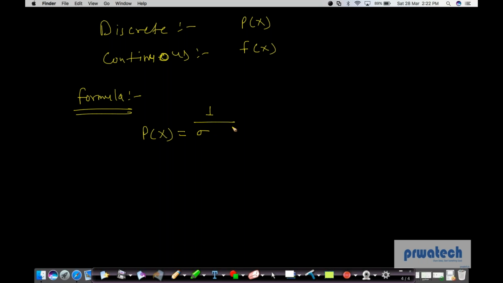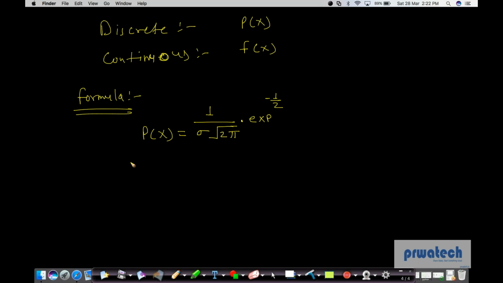So the standard deviation is multiplied with 2 pi. We know the default value of pi is 3.14, into e to the power, which is the exponent. And the default value of e is 2.718. This is all mathematical calculation which was already done a while back. Exponent to the power minus 1 by 2.